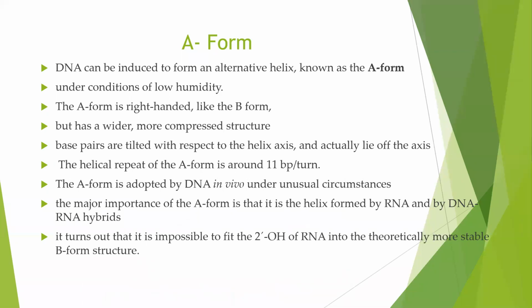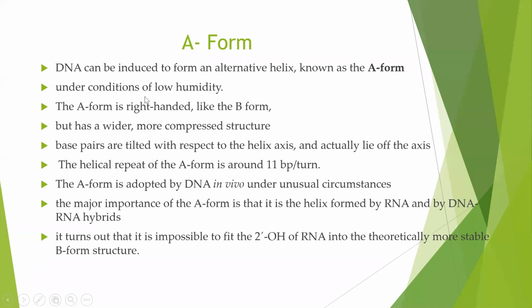Now let's see what are the alternative forms of double helix structure of DNA and how these are different with respect to the B form of DNA double helix. The A form conformation can be induced to be taken up by the DNA under certain unusual conditions.